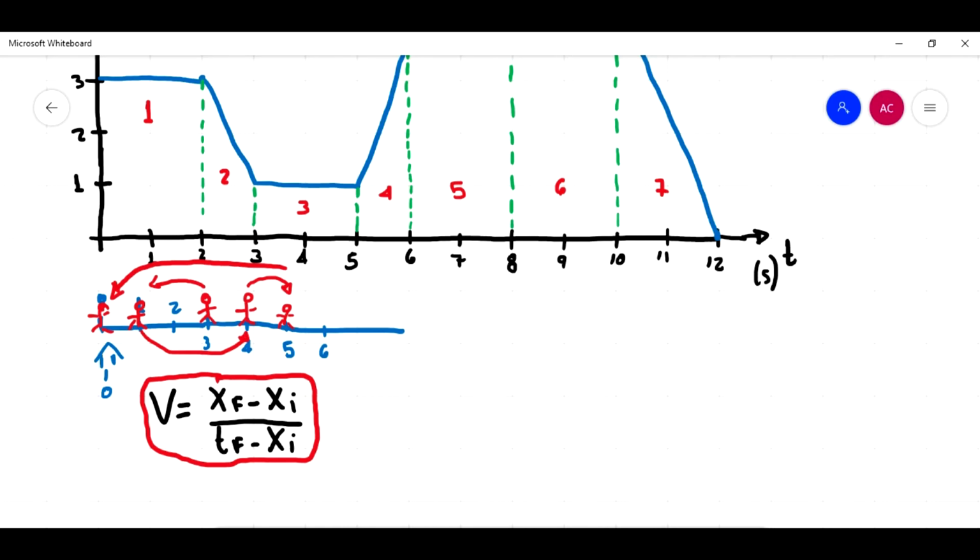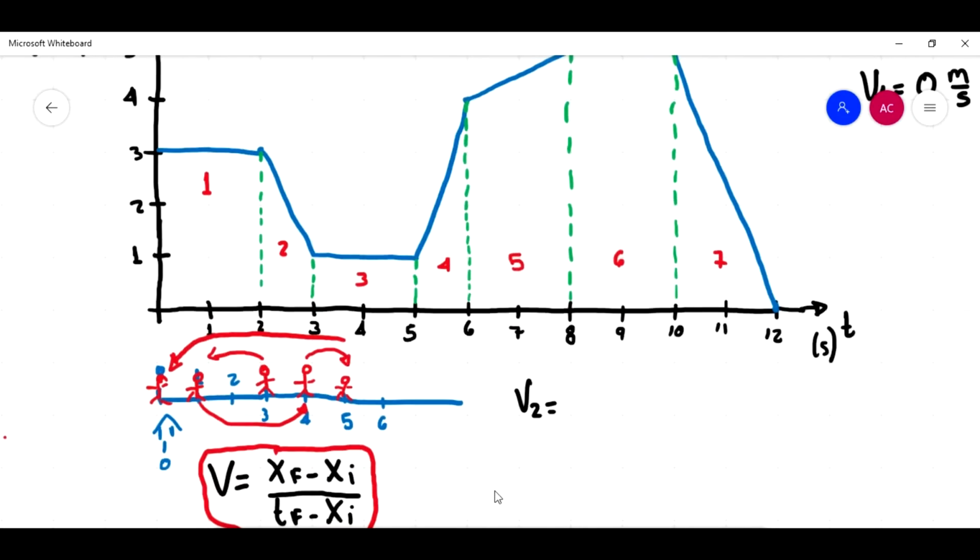Each one of the segments has 2 points, final and initial. I recommend that the final point is the point that is at the right, and the initial point is the point that is at the left, but that is my recommendation. So in segment 2, this is the final and this is the initial.